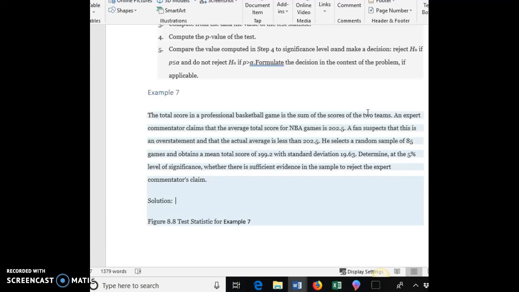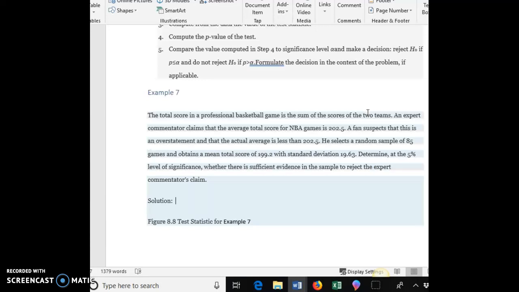A fan suspects that this is an overstatement and that the actual average is less than 202.5. He selects a random sample of 85 games and obtains a mean total score of 199.2 with a standard deviation of 19.63. Determine at the 5% level of significance whether there is sufficient evidence in the sample to reject the expert commentator's claim.